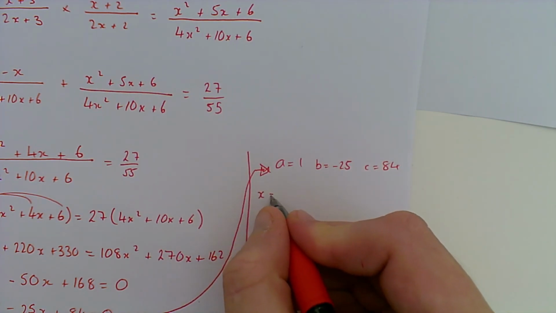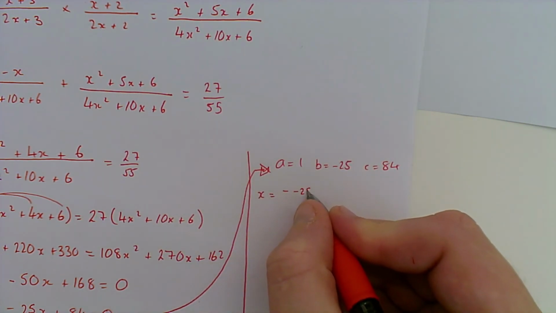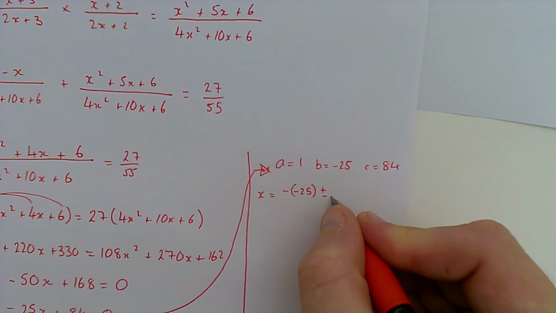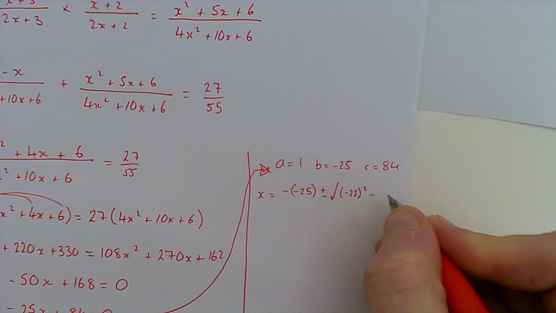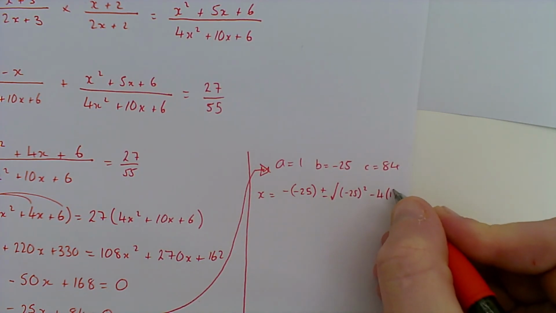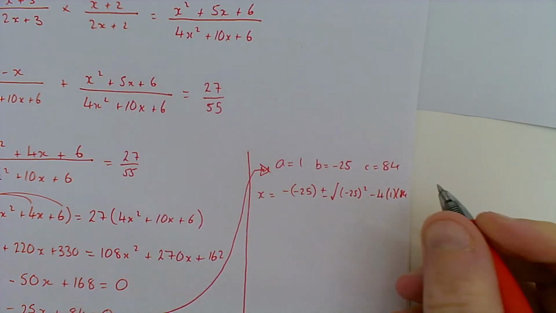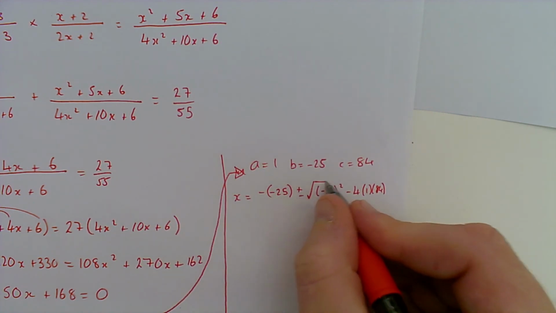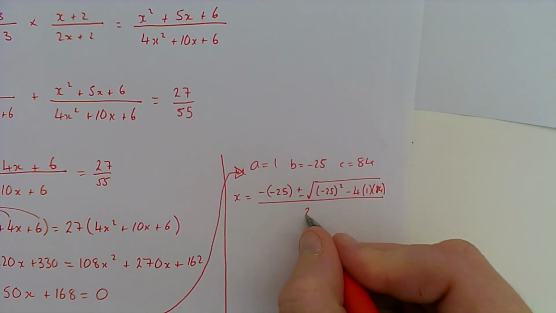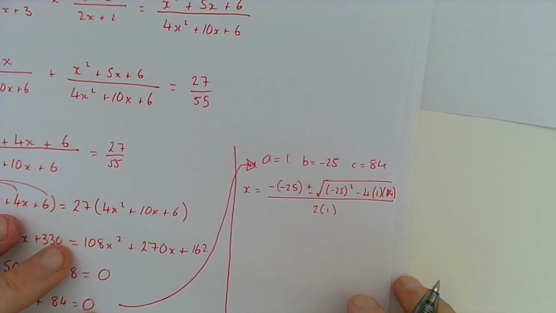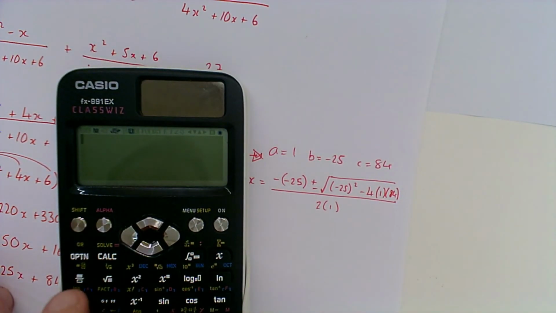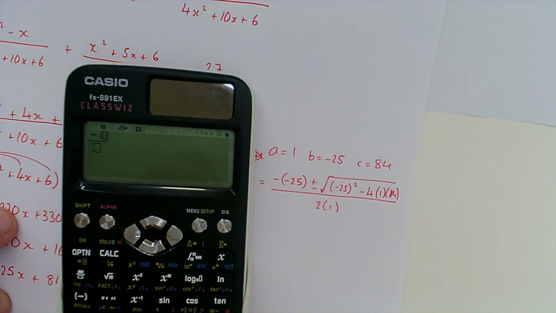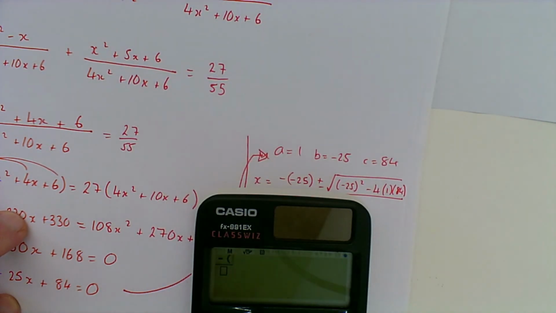And remember that is minus b, so minus 25, plus or minus the square root of minus 25 squared minus 4 lots of 1 lots of 84, just about squeezed it on the page there, all over 2 lots of 1. Okay, and I'm going to put that in my calculator, and I'm going to put everything in brackets, any negatives are going to go into brackets.